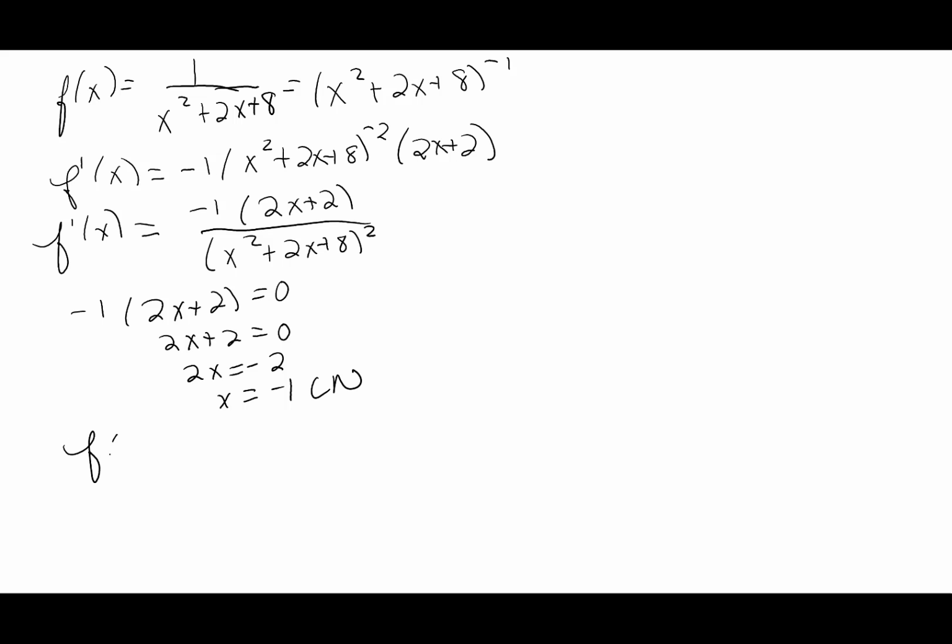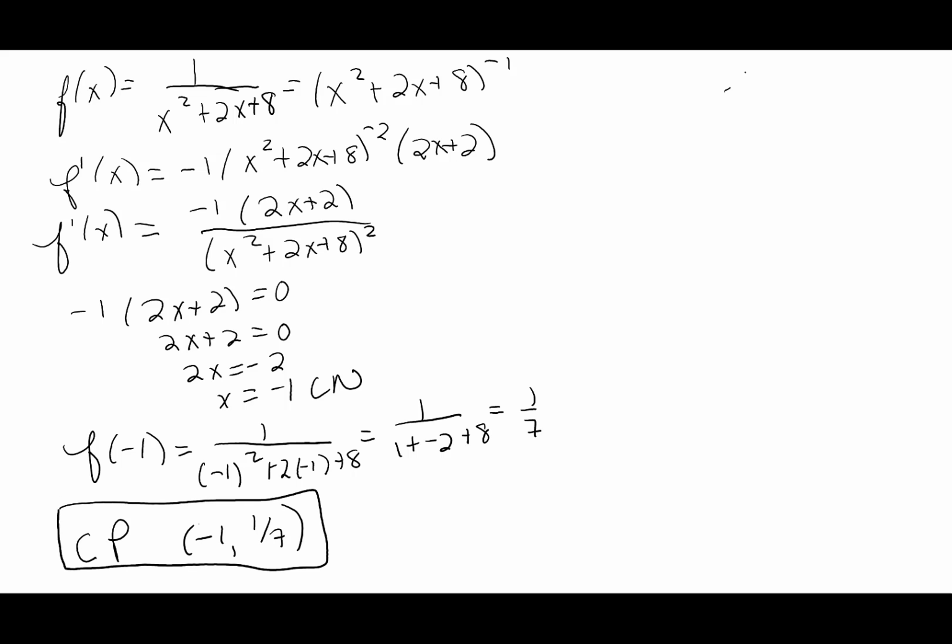We could go ahead and plug that back in really quickly just to make that a critical point. And because it's a pretty small function, I think we can just do it right here. So I have 1 over negative 1 squared is 1, 2 times negative 1, negative 2, plus 8. So 8 minus 2 is 6, plus 1, that makes 7, so I have 1 over 7.